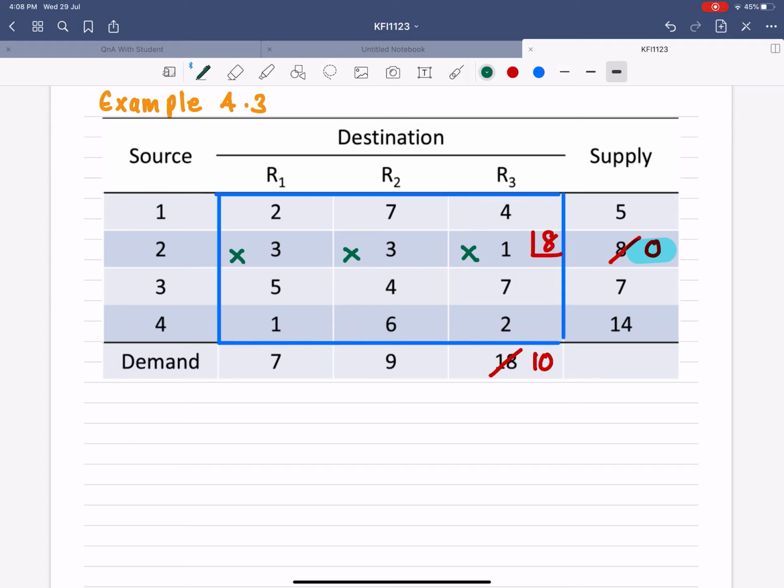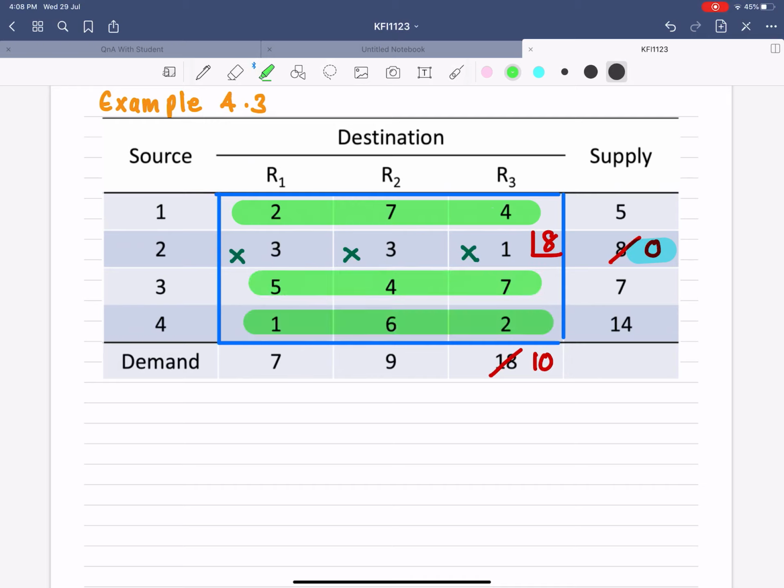Next, the cells that we didn't cancel now are this one. Okay, so among the values that I highlighted here, which one is the minimum? In this case, this is the minimum.